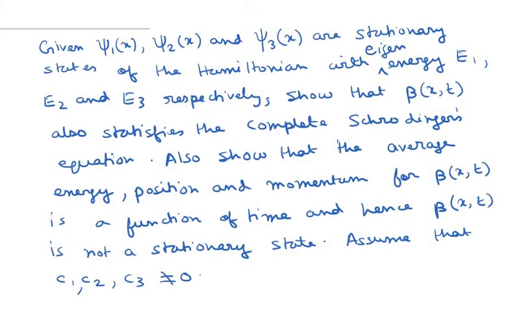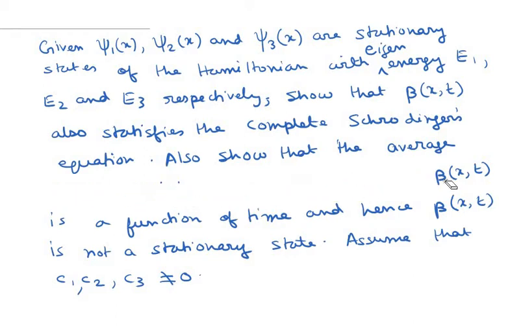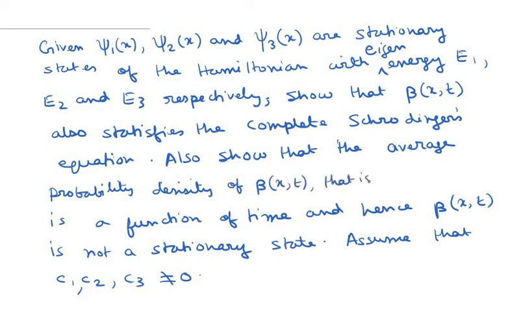So, this assignment should also show the average, not energy position etc., but the average probability density of beta(x,t), that is, beta star(x,t) beta(x,t), or mod of beta(x,t) squared, as a function of time. So this should be the problem statement.